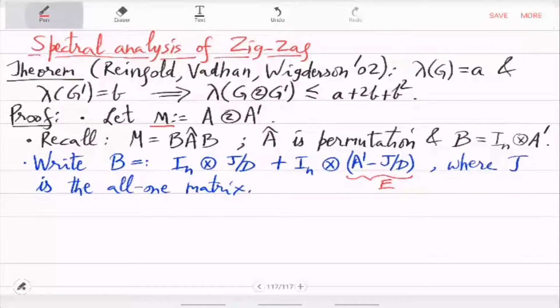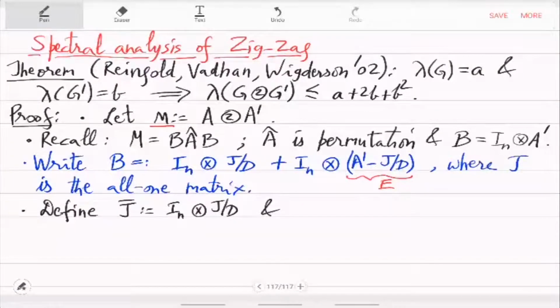We want to break it up into large norm and small norm, and then we will bound the small norm separately. So define J bar to be the first part, and E bar to be the second part.